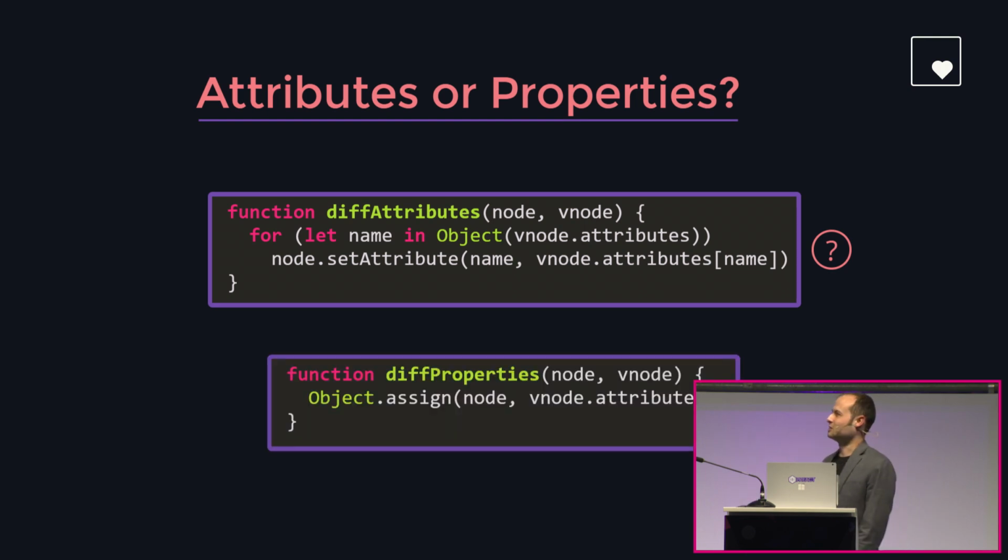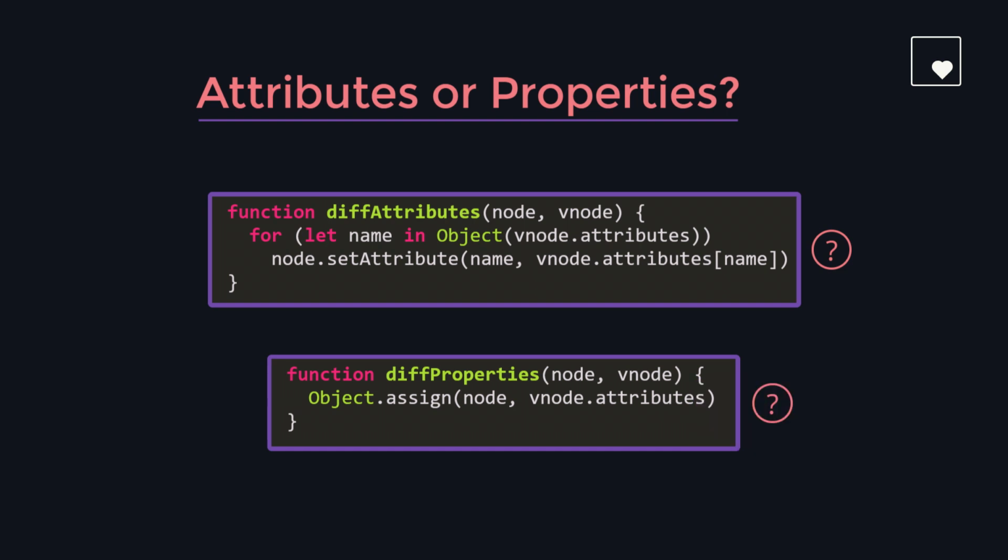They're kind of an abstraction between these two things. So most HTML elements can accept data as attributes, and they can also accept similar, often typed data as properties through something called DOM property reflection. But both of these are technically wrong, because there are things we can do with attributes that we can't do with properties, and there are things we can do with properties that we can't do with attributes.